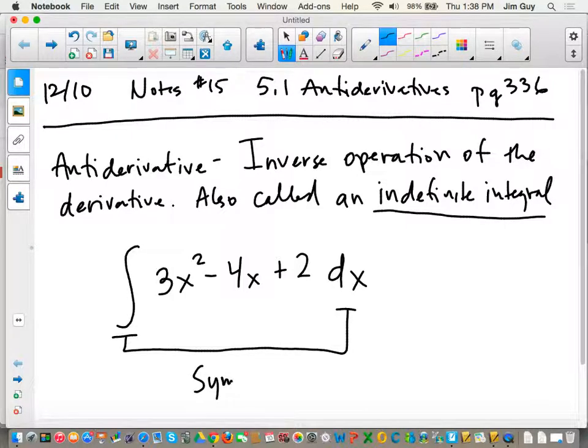Think of that together as a symbol. This stuff in here is called the integrand, I-N-T-E-G-R-A-N-D. So when they talk about the integrand, that's just the stuff that you're taking the integral of. It's the stuff inside those two symbols.